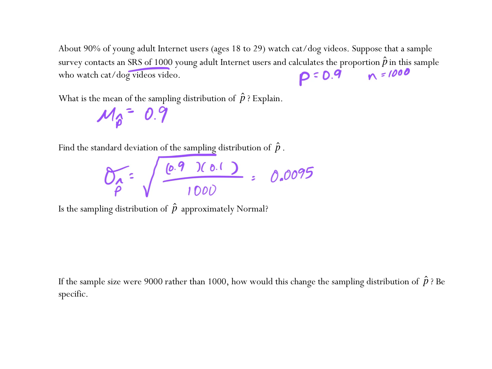Will it be normal? Real quick reminder: the way you check for normality is that you check that both NP and N(1 minus P) are greater than or equal to 10. Always 10.